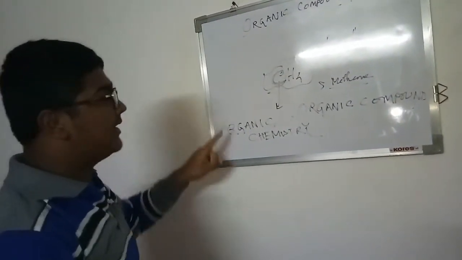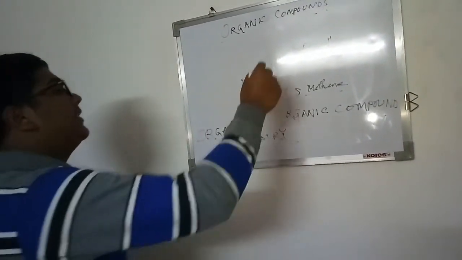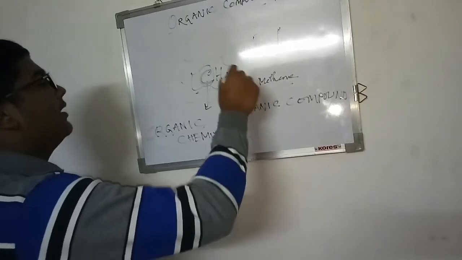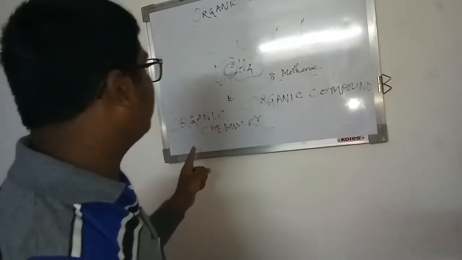If some branch of science studies carbon, and the various compounds of carbon, then such a department of chemistry will be called organic chemistry.